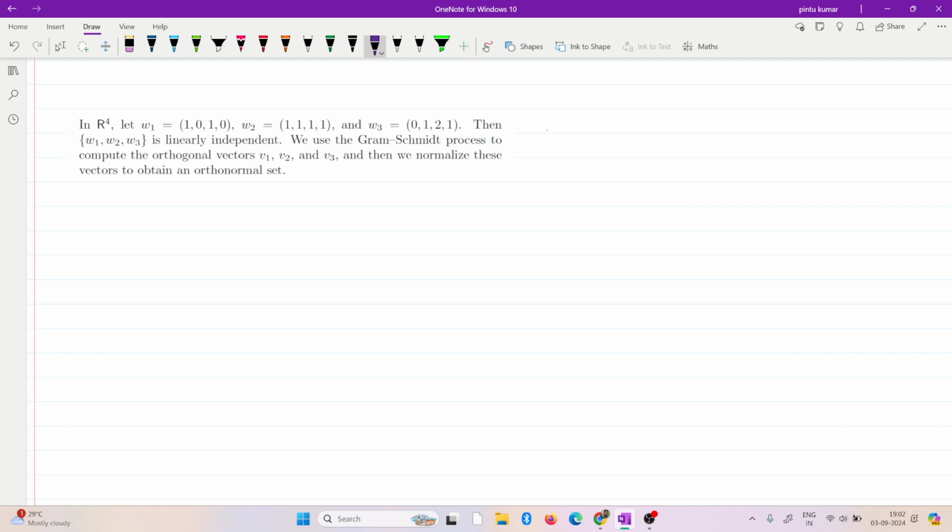So this process is pretty simple. Let's say you are given three vectors, W1, W2, W3. In step one, your goal is to construct V1, V2, V3, which are orthogonal. First I'll solve for orthogonal, and then I'll tell you how to convert to orthonormal.